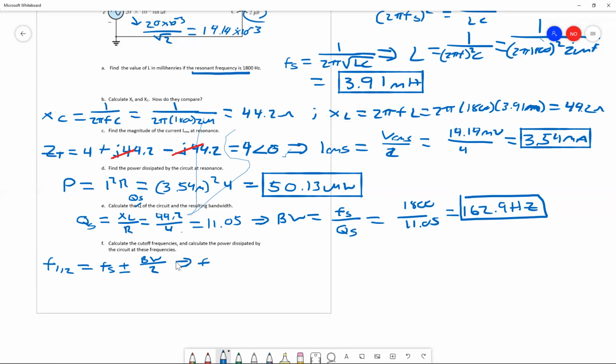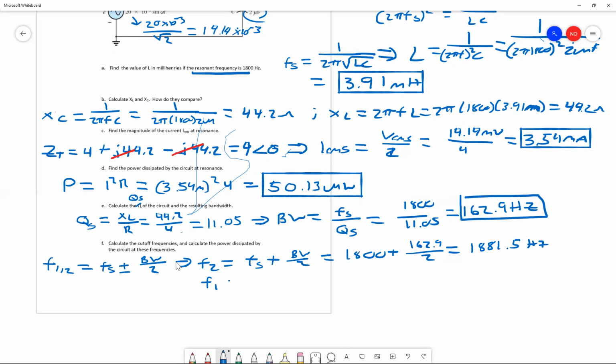So F2 is equal to Fs plus bandwidth over 2, so that's 1800 plus 162.9 over 2, which gives us 1881.5, and that's in hertz.